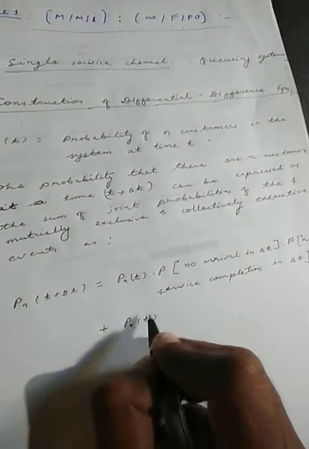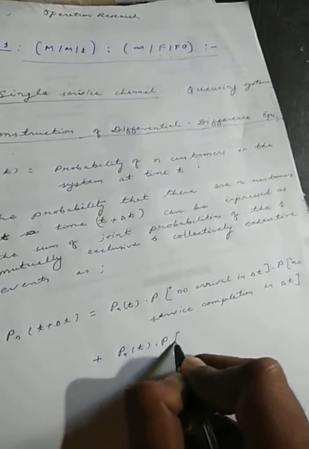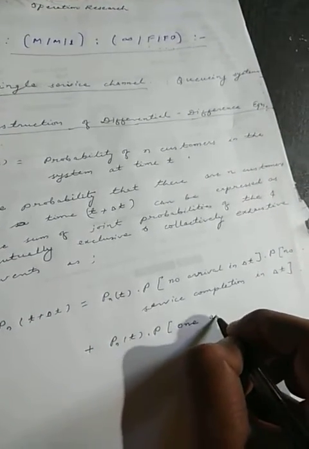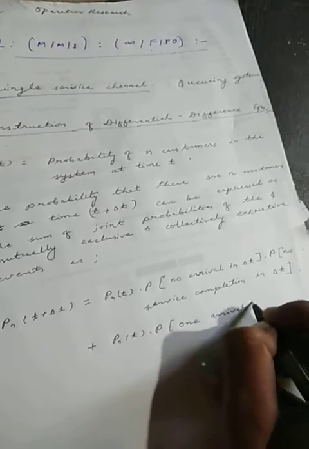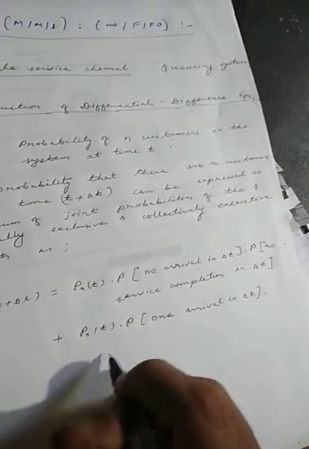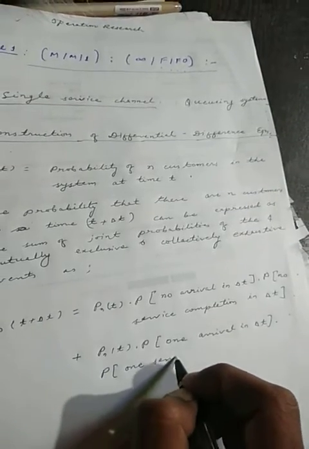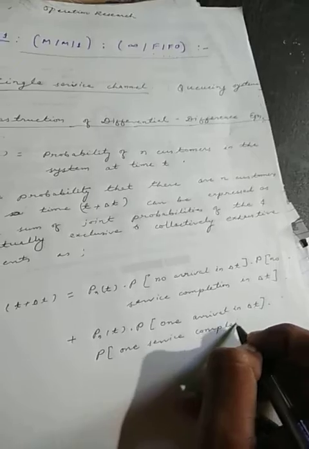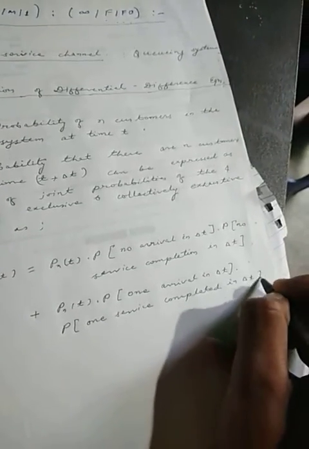Pn(t) stands for the probability of n customers in the system at time t. So I will not repeat this term again. So probability of one arrival in delta t time into probability of one service completed in delta t time.